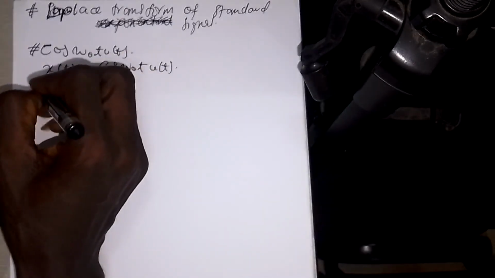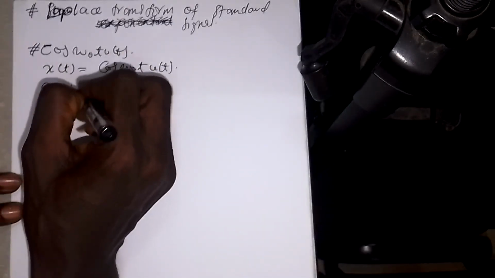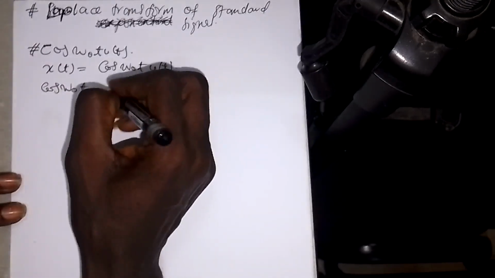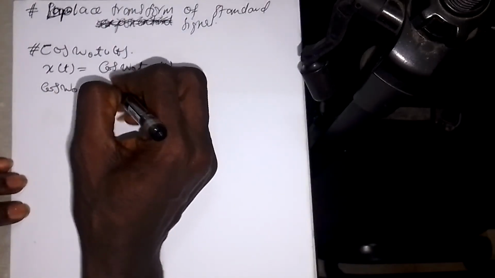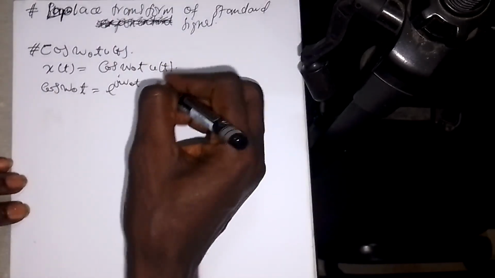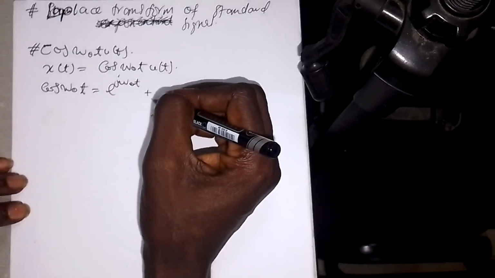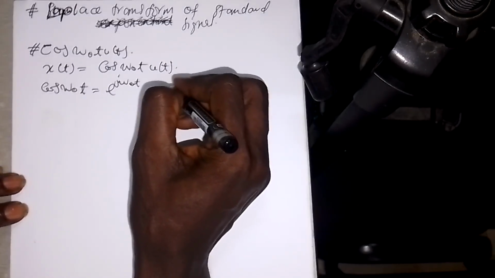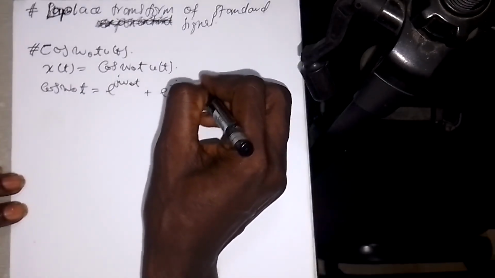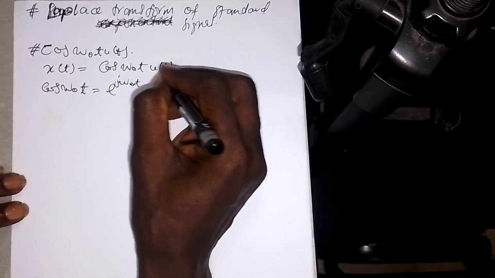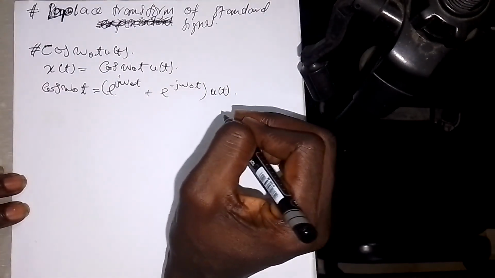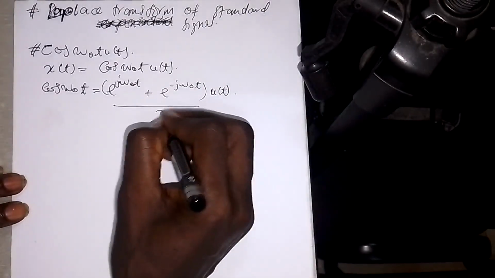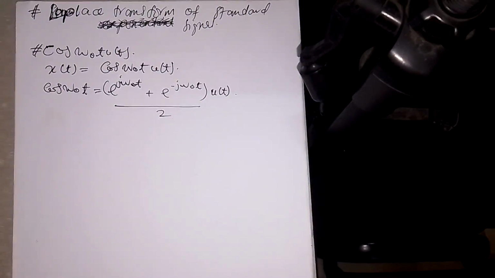So cos omega naught t is actually equal to e to the power j omega naught t plus e to the power minus j omega naught t. Since there's u of t here, I can bring u of t in, all of this over 2. So why is it actually like this?